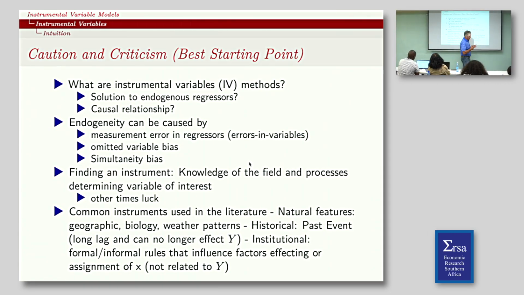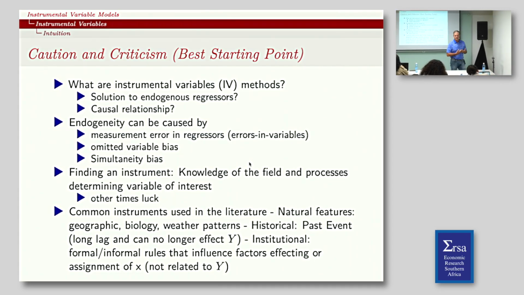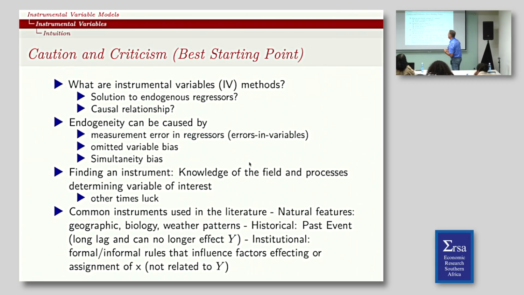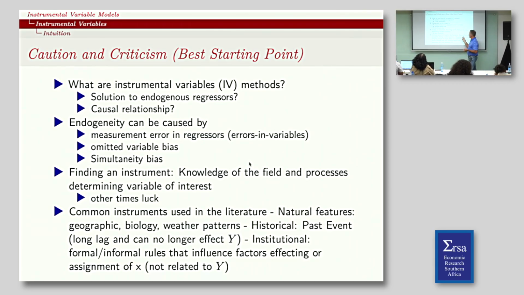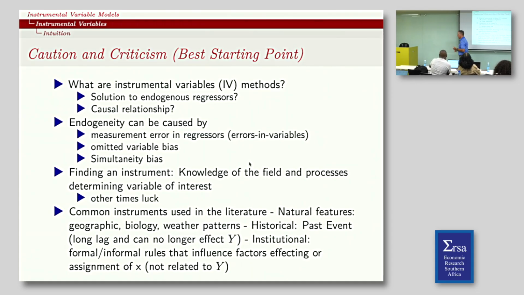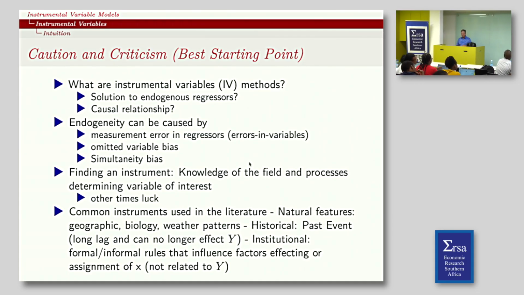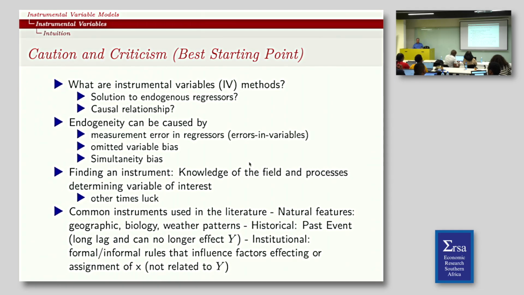But yes, how do you find an instrument? Knowledge and luck. All right. But we're getting better at this, right? A lot of natural features, geographical features, biological features, weather patterns, a lot of these are fairly exogenous, right? But they're related to things.